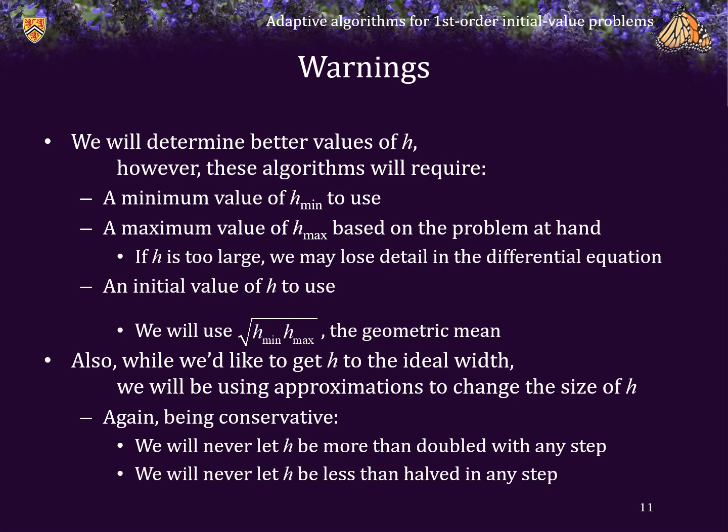And at the same time, if we have to repeat a step, we will not let h be more than halved, because it could be some small fluke that suggests the next value of h should either be too large or way too small, and this is by fluke, not by some unfortunate coincidence between the errors of h of the more accurate method and the less accurate method. So we're going to have to be careful here as well. We will not allow h to be more than doubled, nor will we allow it to be less than halved.